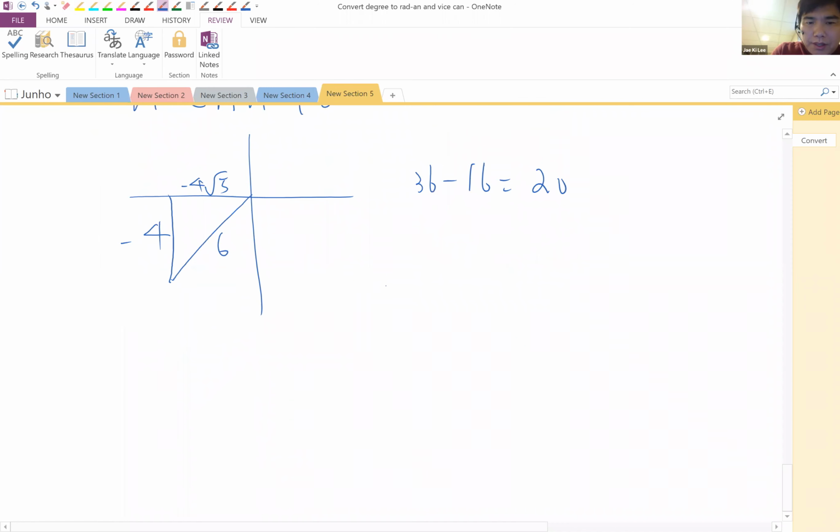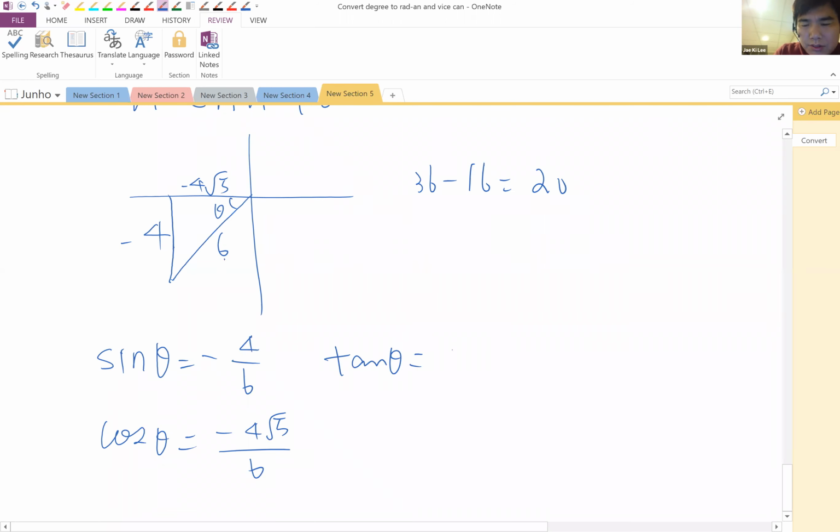Then based on that, you can find sine theta becomes opposite over hypotenuse, so negative 4 over 6. And cosine theta becomes adjacent over hypotenuse. Tangent means the opposite over adjacent, which means 1 over root 5 like that. Okay?